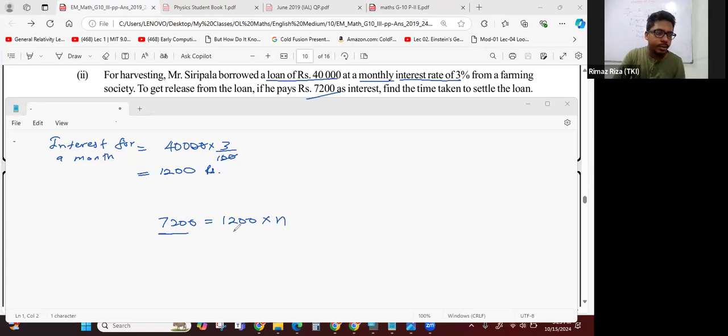The total interest is equal to interest for a month into number of months. So therefore n equals 7,200 divided by 1,200. So zeros cancel. 72 divided by 12 is 6.